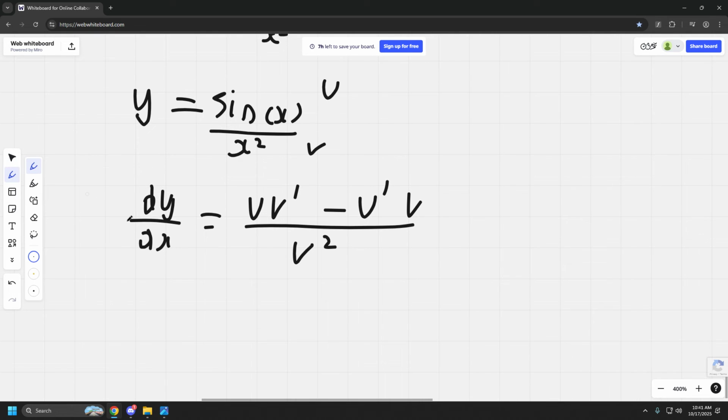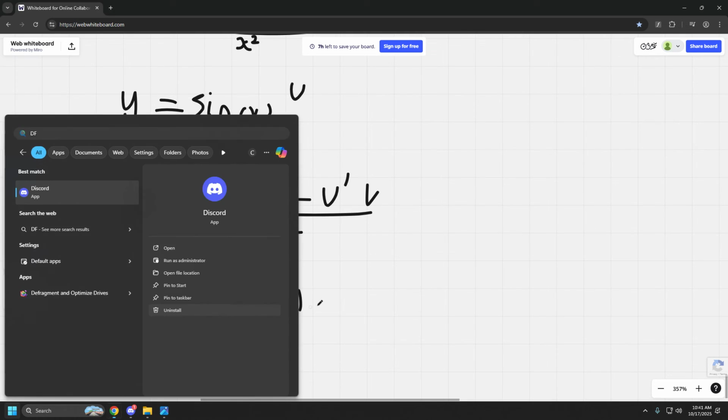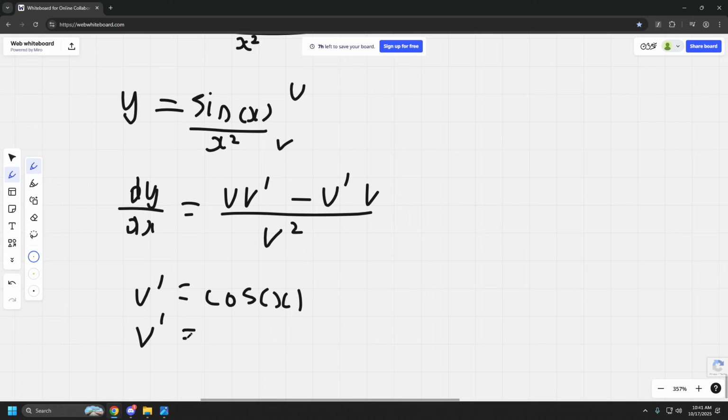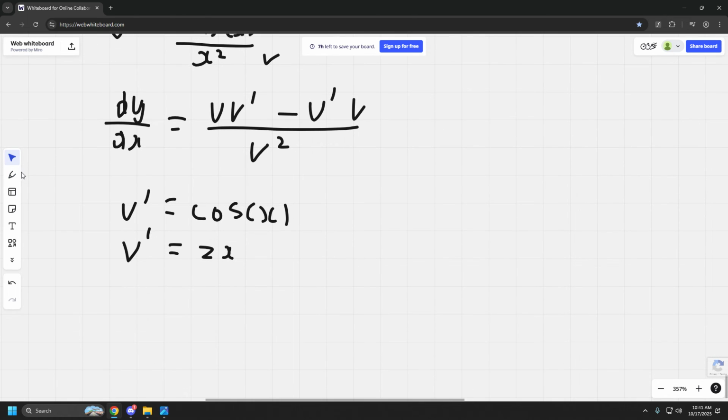Okay, so let's find u prime. u prime is equal to cos x. v prime is equal to 2x.